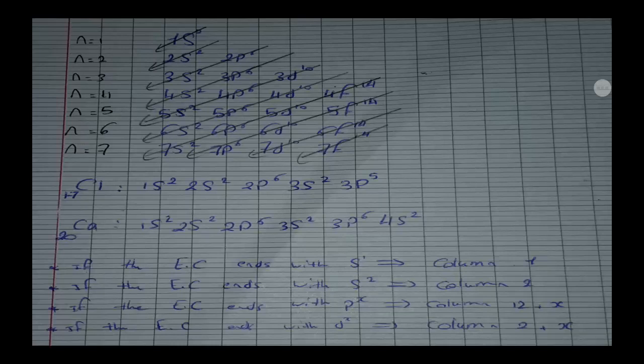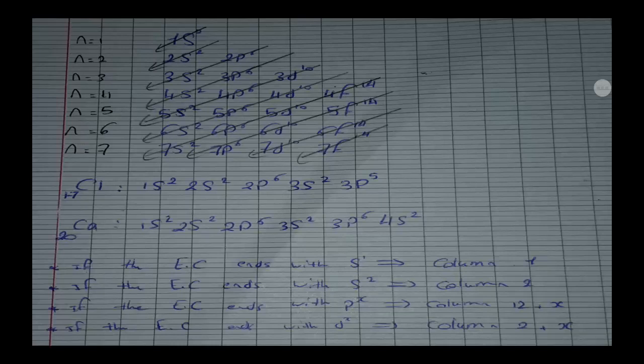Okay, let's count the electrons now. 2 plus 2 plus 6, 10, plus 2, 12. I still have 5 electrons. So, I put 3p5, not 3p6. If I put 3p6, then I will have 18 electrons, which is not the case.